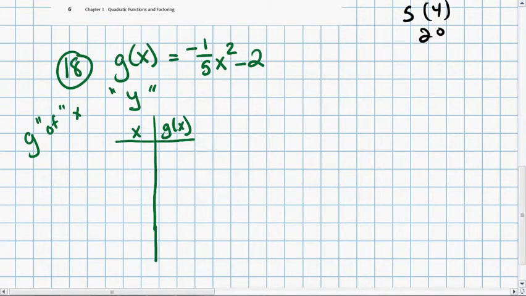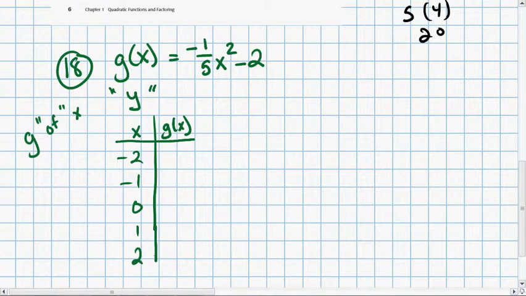Pick some relatively small numbers. You can try to do things that are divisible by 5 and get even numbers if you want, but I think I'm going to just stick with small numbers. -2, -1, 0, 1, and 2. It means I'm going to have some fractions to graph, but they're really not that bad, and we'll do some guesstimating if we need to when we get to plotting the points.